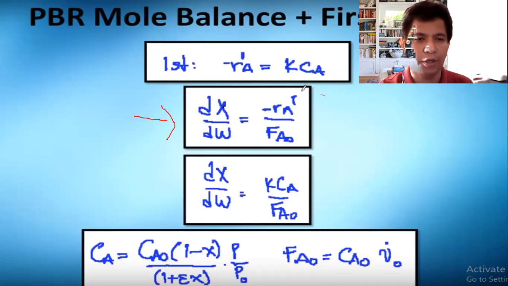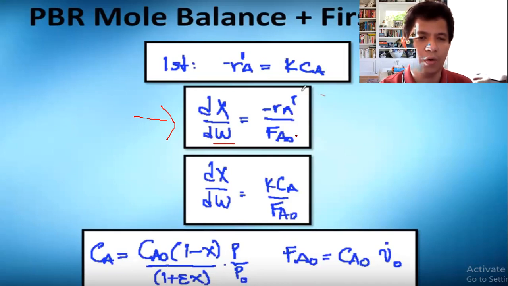X here is the conversion, no? And then W is the weight of the catalyst. And then RA prime is the rate of the reaction as opposed to RA, which we use on batch and even CSTR and even PFR. So pag RA prime, this is based on the weight of the catalyst. Yun lang naman yung difference. Pero basically, this is still the rate of the reaction based on A.